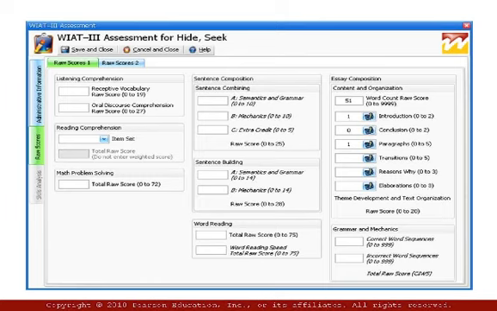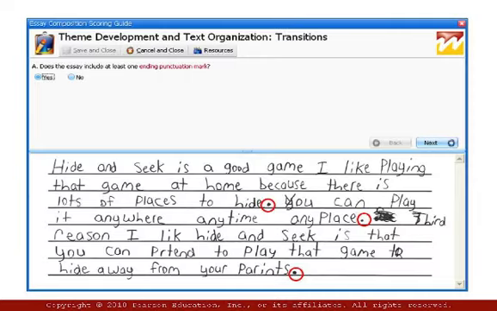And again, for transitions, you'll be evaluating the first word following each ending punctuation mark. So let's say if a student doesn't use any punctuation marks at all, clearly you will have no transition words. So does the essay include at least one ending punctuation mark? The answer to that question is yes.